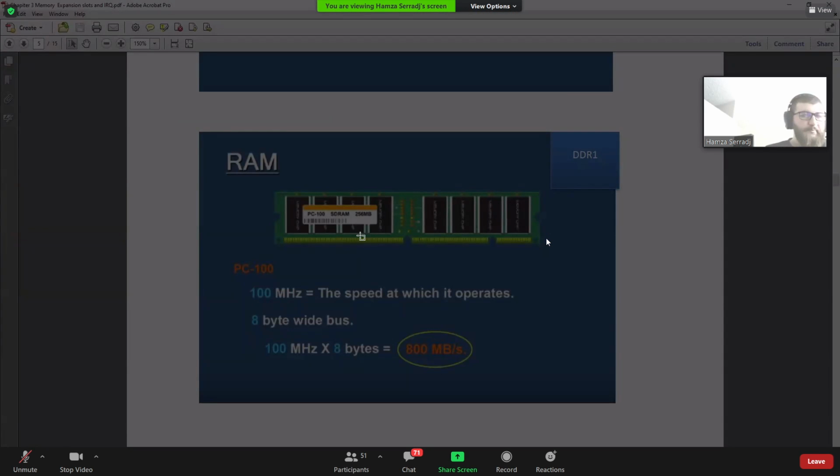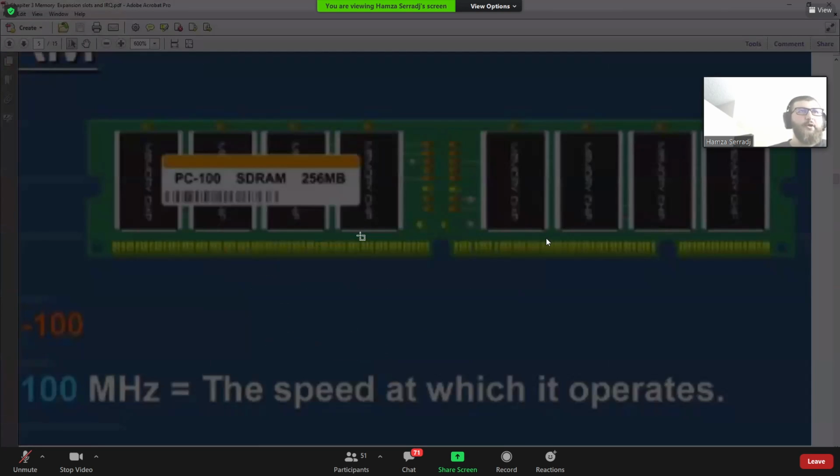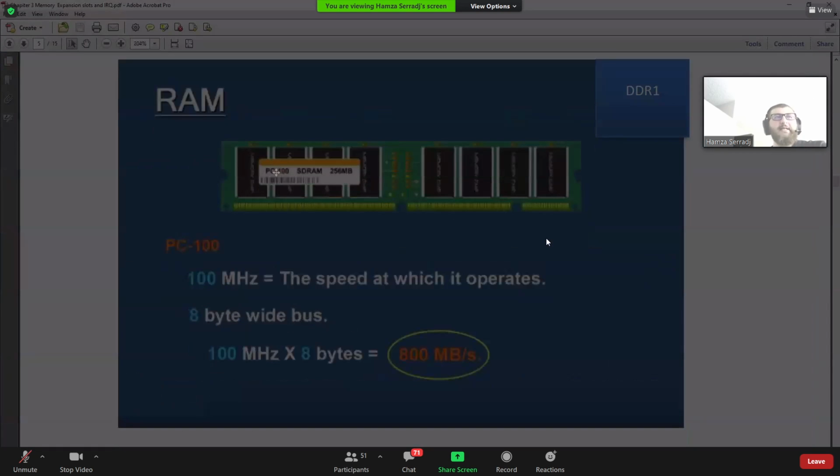The notation of the RAM is usually PC followed by the frequency. You can find DDR1, for example, as PC100. If it was DDR2, you're going to find PC2, DDR3 is PC3, and so on.